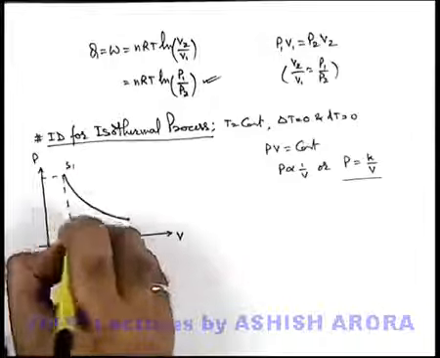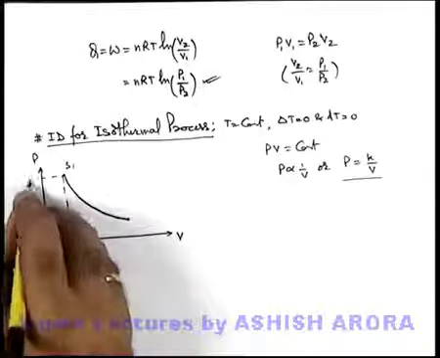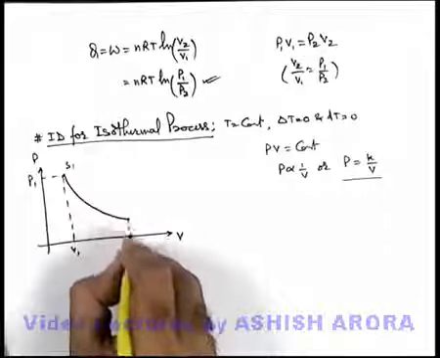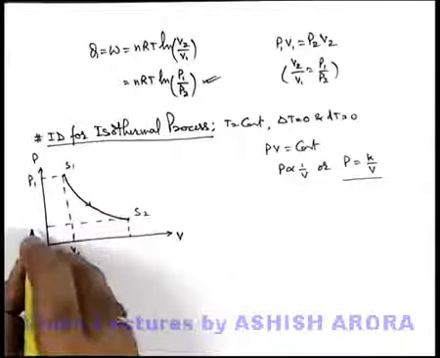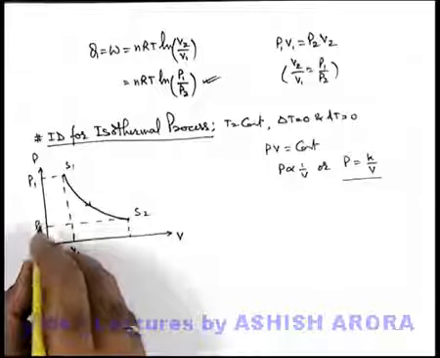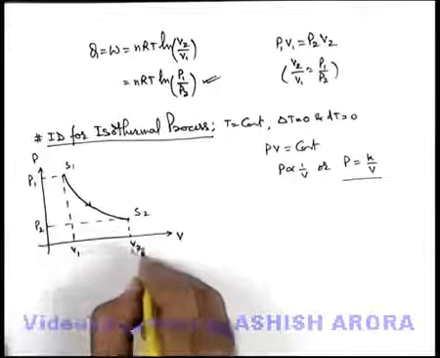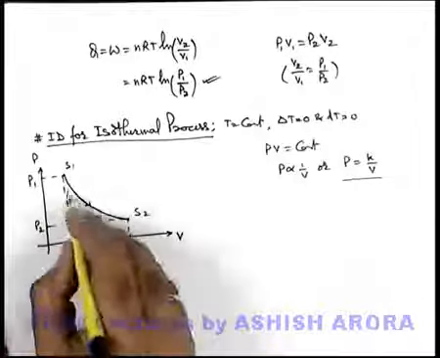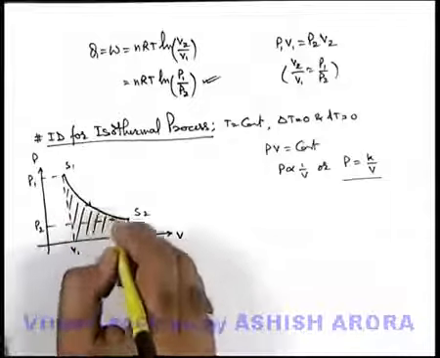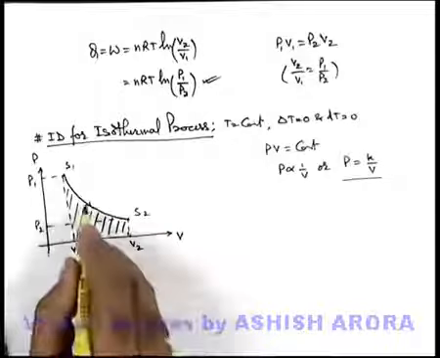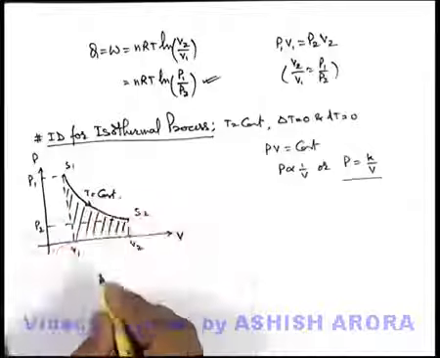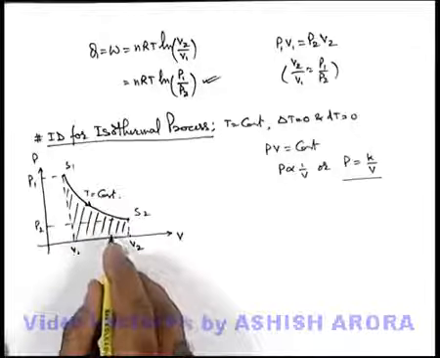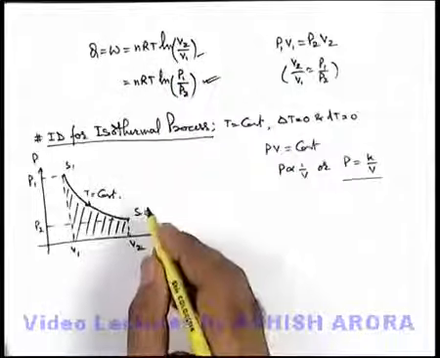If this is the initial state with pressure volume P1 V1 and it is expanded to state 2 from initial P1 V1 to P2 V2, we can see the expansion is there, so work done will be this much area, and corresponding to this, we can write the temperature of gas is constant in this situation. This area is given by these expressions.